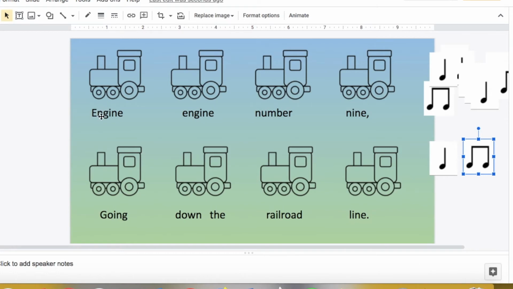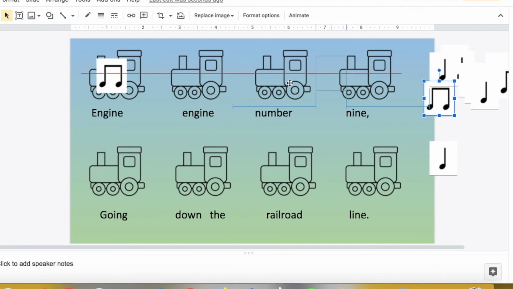Engine has two syllables, engine. Two syllables on one beat or one train, so it's going to be a ti-ti. The next beat is the same. It's also engine, so that is also going to be a ti-ti.